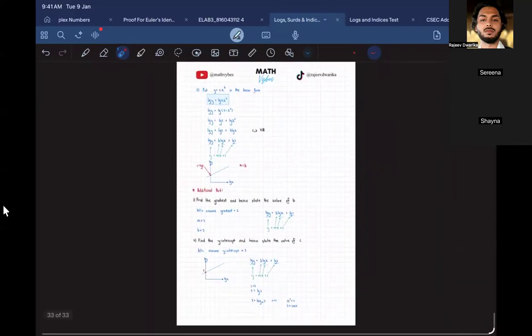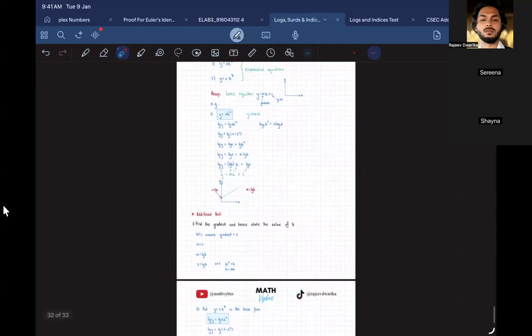Right, although there's no time to copy down the notes, so just move straight into the questions. Copy down, please. Okay, no problem.